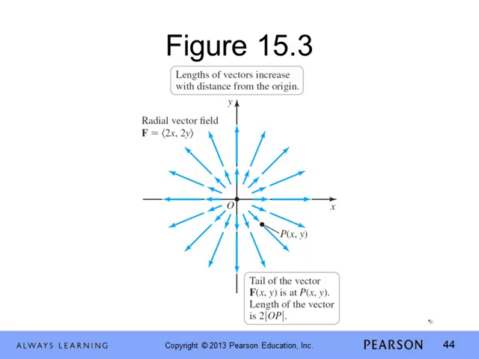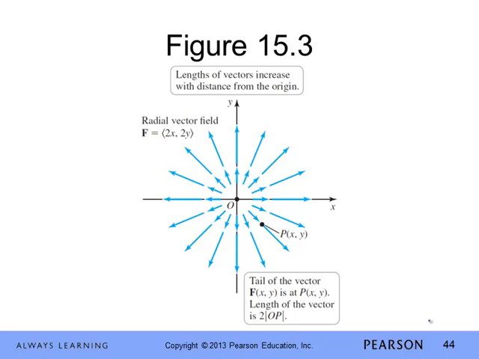Here's an example of a vector field given by 2x, 2y. Now notice at the origin there's nothing, right? But you move away from the origin, like for example at 0, 1. At 0, 1, the vector field is 0, 2.